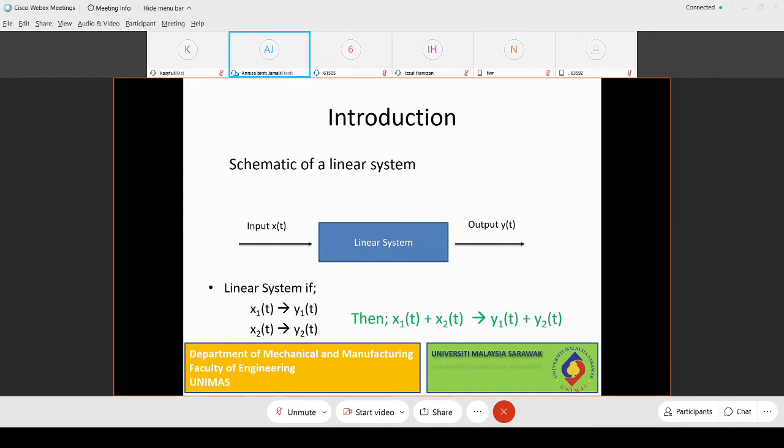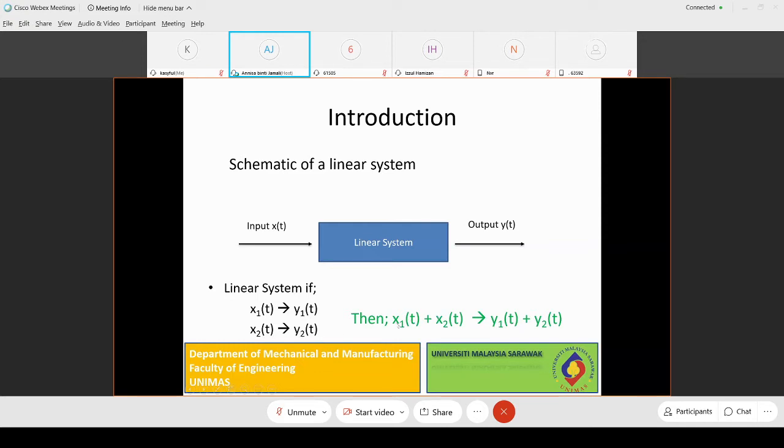Generally, this one I have introduced before. The schematic of the linear system can be shown in this figure here, where there is an input and there is an output. Input x(t), so the output will be y(t). The system will be linear if it fulfills this. For example, x1(t), the output is y1(t); x2(t), y2(t).